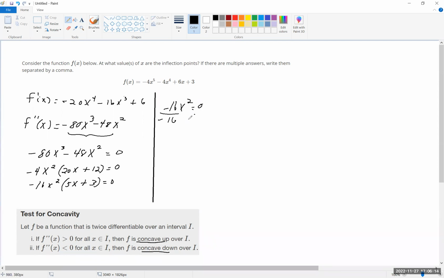So we'll use that as a critical value. And then we'll also set 5x plus 3 equal to 0.